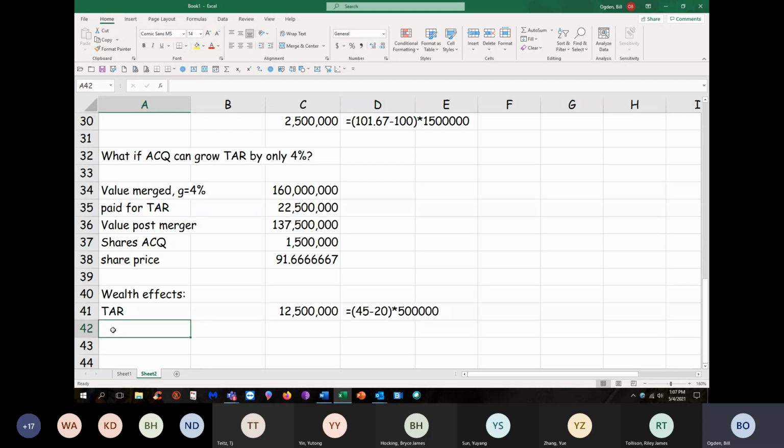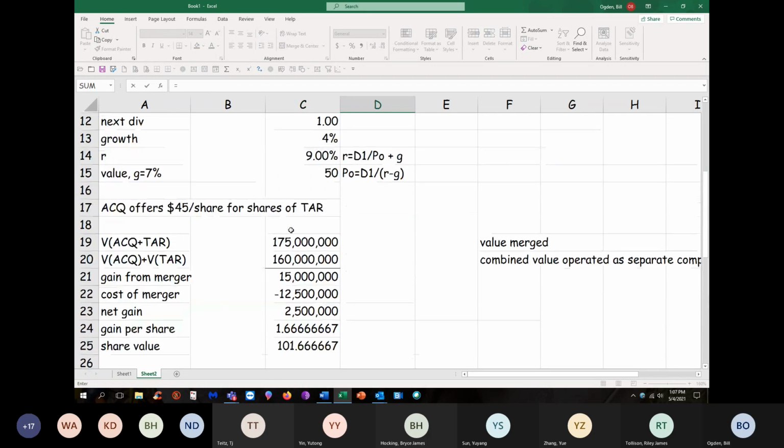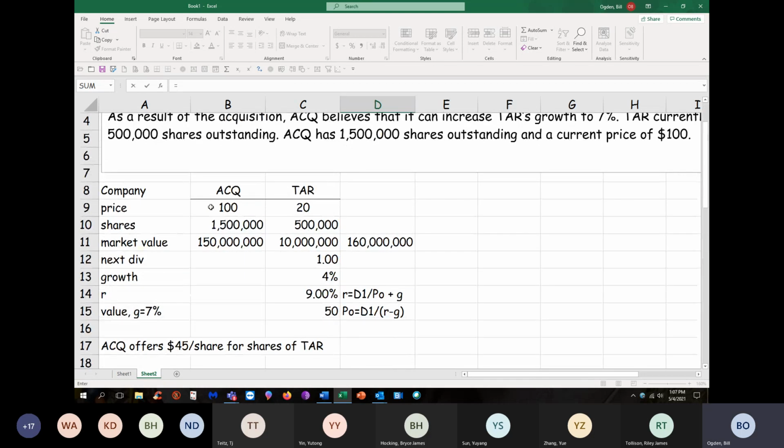All right, how about ACQ? We already know the number, I'm pretty sure. Is this their post-merger value? Yes. What was their pre-merger value? Well, they had $100 per share, 1.5 million shares, so it must have been 150 million.